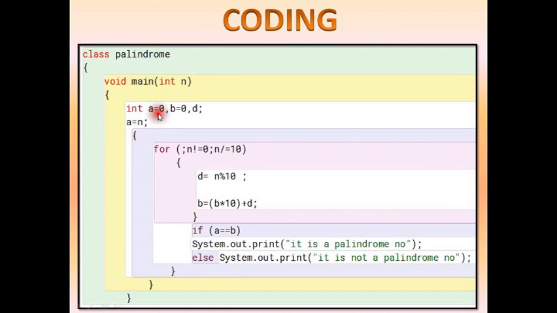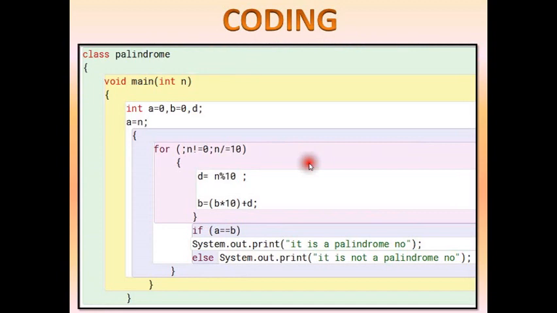So d will run as d equal to n modulus 10, b equal to b into 10 plus d. See, this is a similar thing. You can also use it in a while loop, but I have done it in a for loop so that you can understand in a different way if you are not comfortable with while loop.